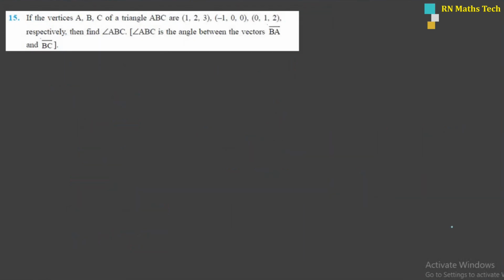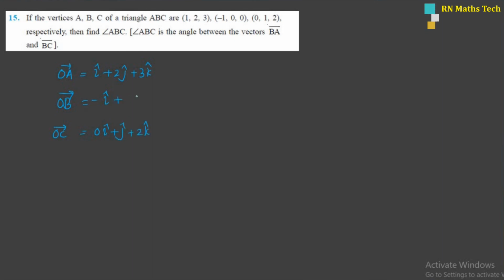Now question number 15. If the vertices of a triangle are given, vector OA is equal to i plus 2j plus 3k, vector OB is equal to minus i, vector OC is equal to 0i plus j plus 2k.